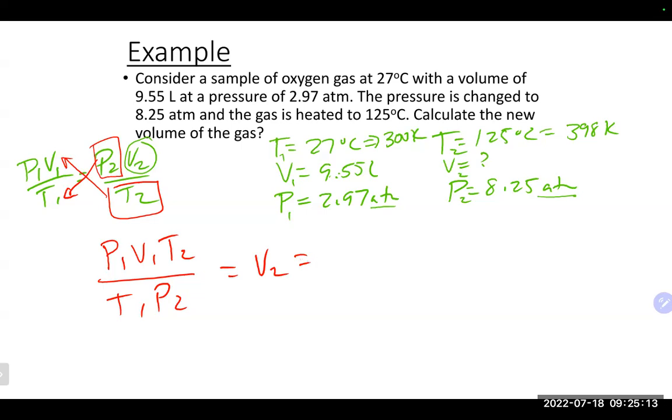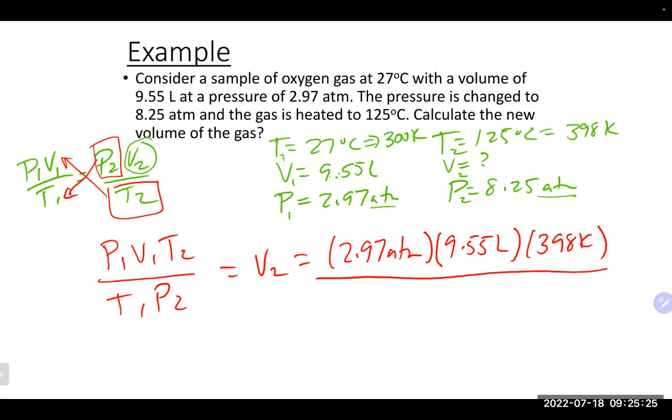We're looking for P1 up on top, so that's a 2.97, V1 is 9.55 liters and T2, which is 398 Kelvin, all divided by our T1, which is 300 Kelvin, and our P2, which is 8.25 atmospheres.